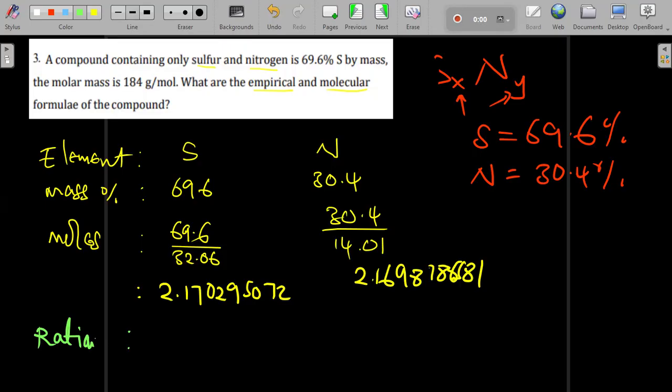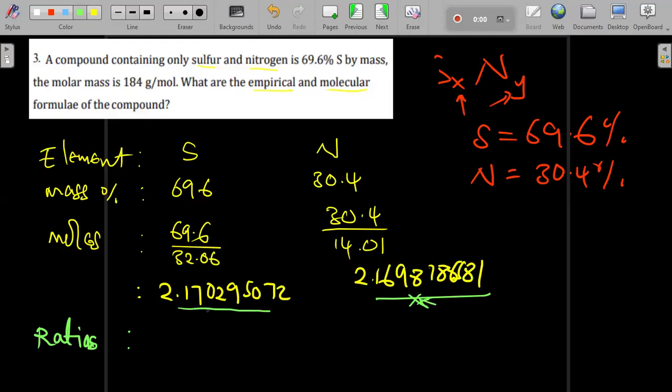To find the ratios, we look at these two numbers of moles that we have there and decide which one is the smaller number among those two. This is 2.17, this is 2.16, so this one here is the smaller number.